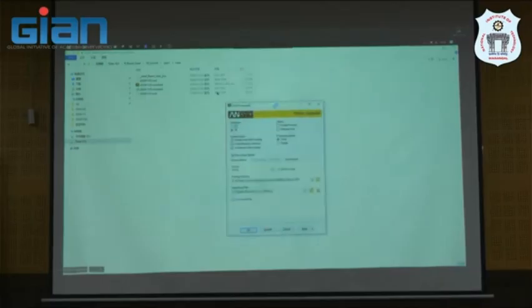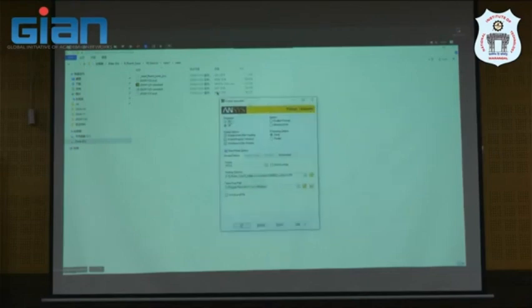Here is the interface, the starter interface. Here we can choose the dimension. Our simulation is 2D, so we choose the 2D. And here is the double precision. In ANSYS FLUENT, you can choose double precision or single precision.